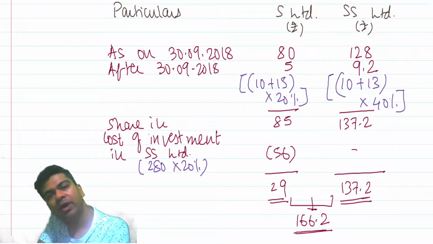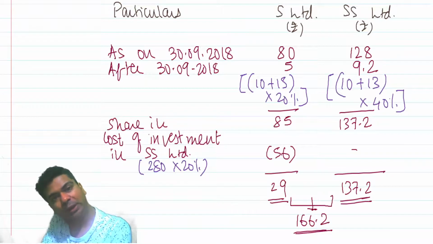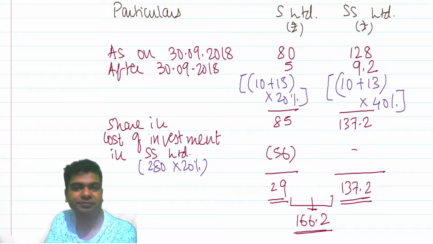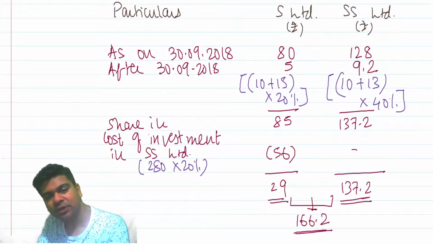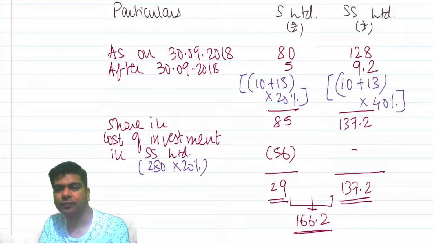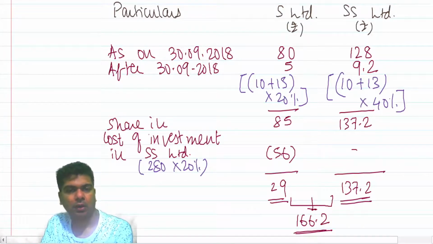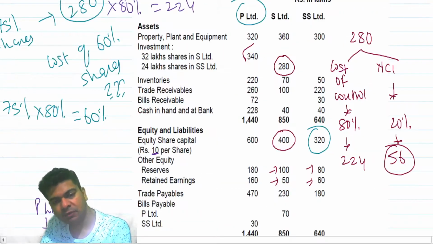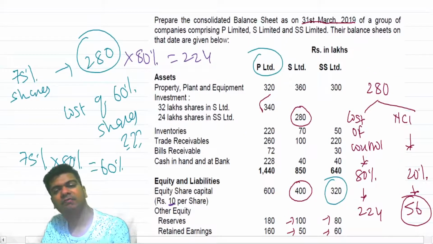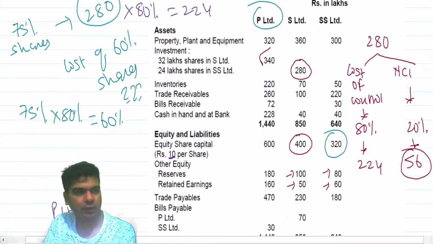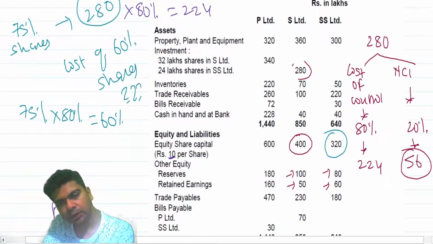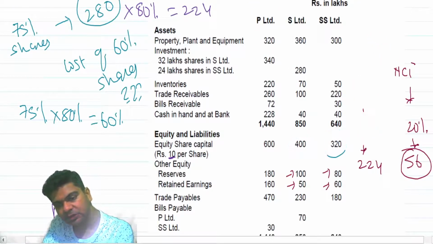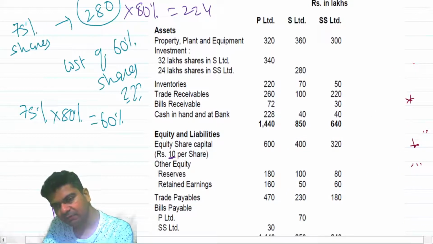We are through with the workings. We can now prepare the consolidated balance sheet. Yeah, let's prepare the consolidated balance sheet. The consolidated balance sheet will be prepared of P Limited as on 31st March 2019. I'll just clear up the balance sheet so that we can pick up the figures.